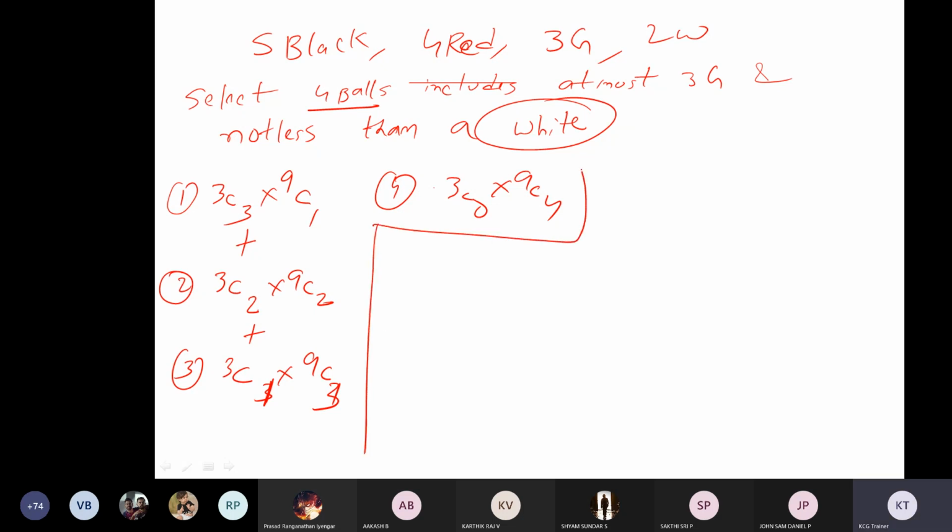Just for an idea, what would be the shortcut? Tell me. Total, how many balls are there? Totally 9 plus 5, 14 balls are there. From the 14, you have to select 4. What is the condition you have to tell? Anyone can tell me this answer. From 14C4, I have to select something which is not satisfying the condition, which is against the condition.